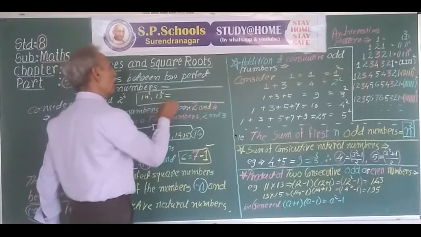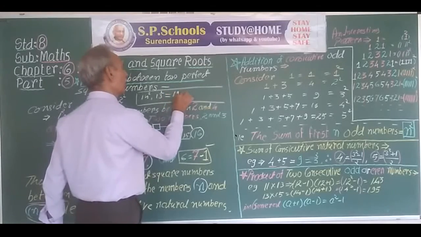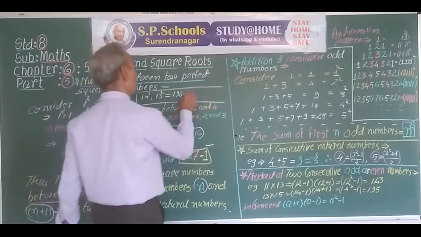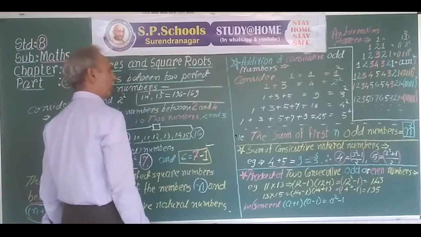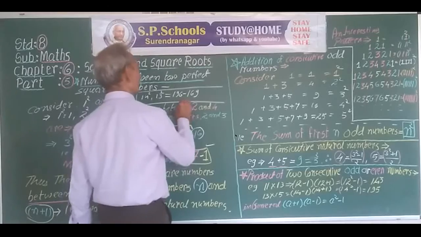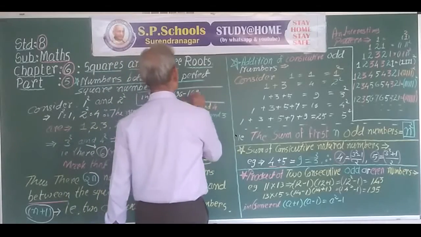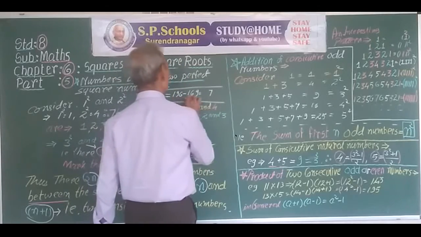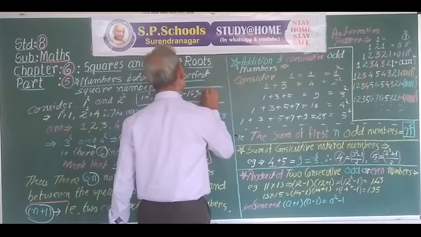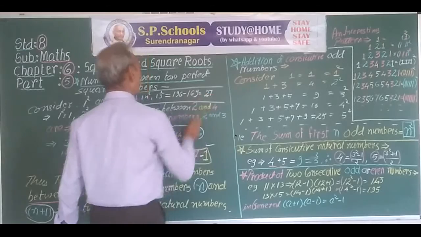The numbers will be 14 square, 196, minus 169, that is 27.